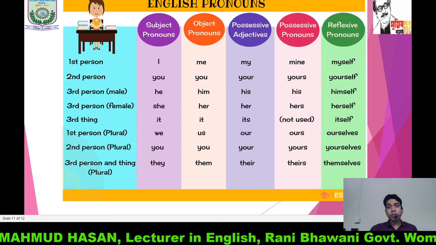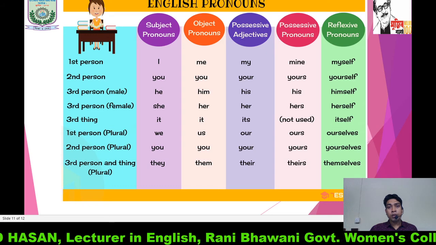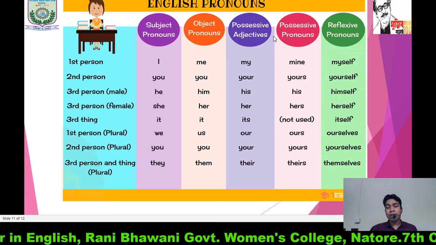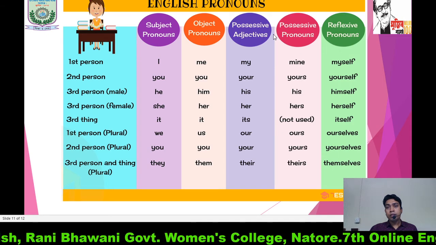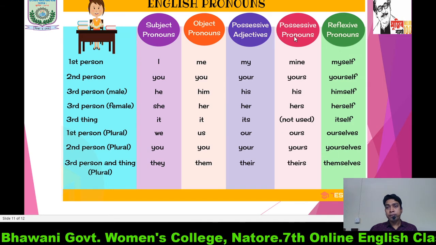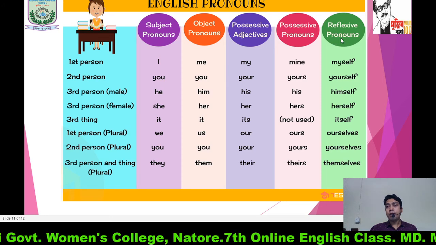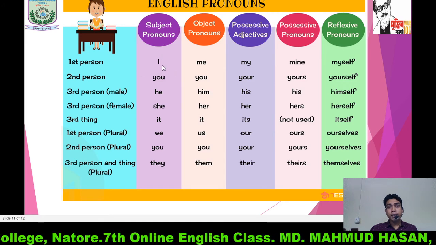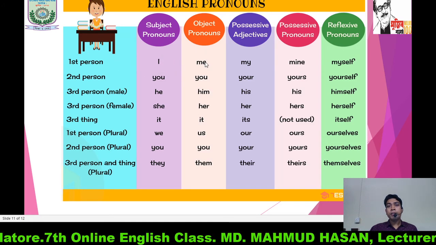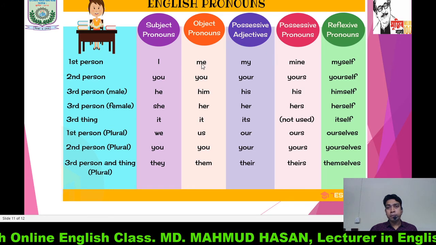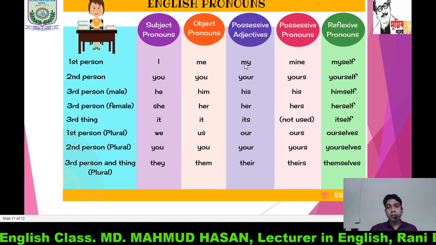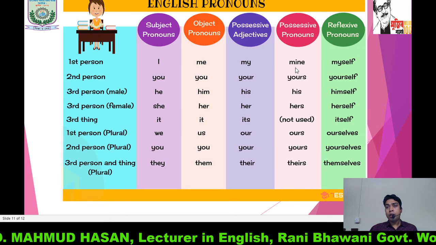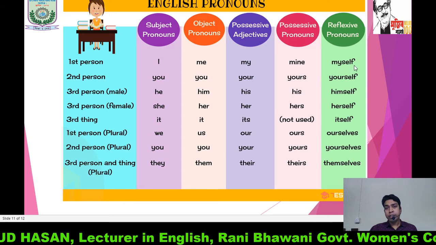Objective pronouns are discussed in the objective case, and possessive adjectives and possessive pronouns are both discussed in the possessive case, and then reflexive pronouns. Here, first person I, objective case of I is me, possessive adjective my, possessive pronoun mine, and reflexive pronoun myself.